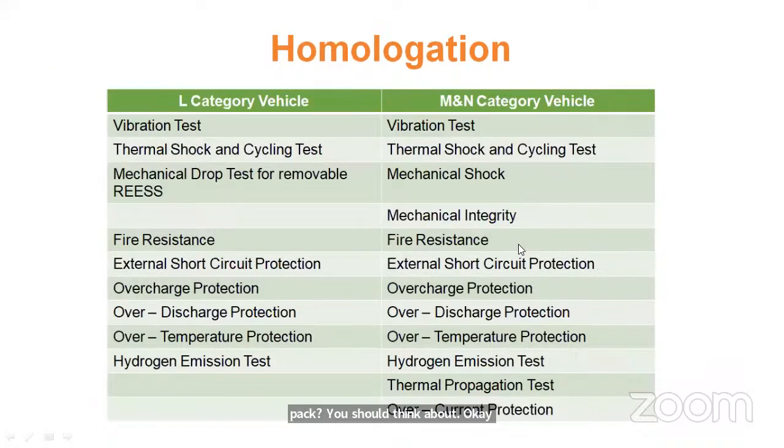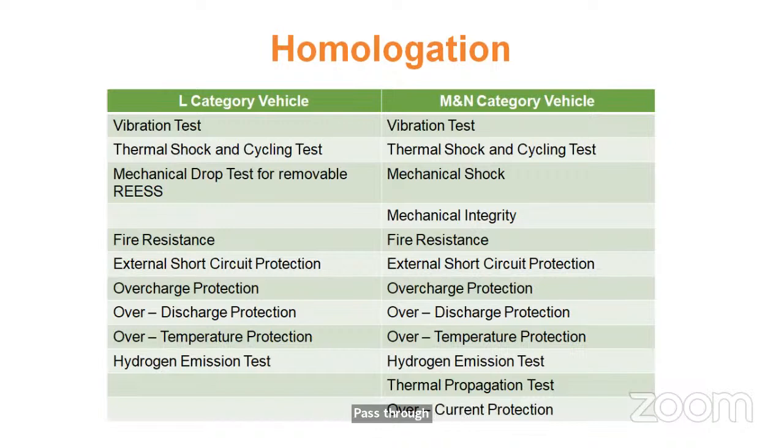And last, once you design a battery pack, you will assemble it, make a prototype, and do the production of the battery pack. Then, before coming onto the road, before coming onto the market, you have to pass through the homologation process.